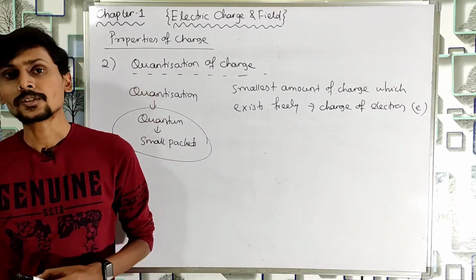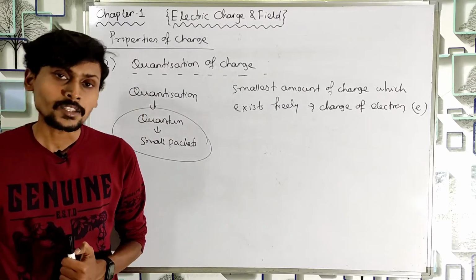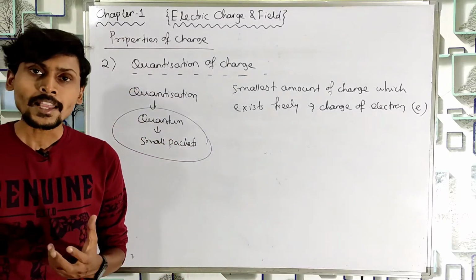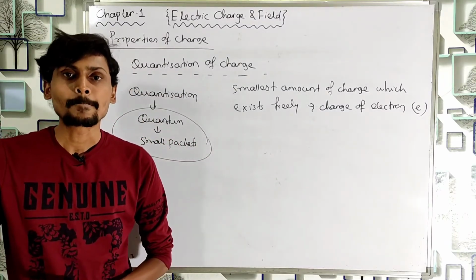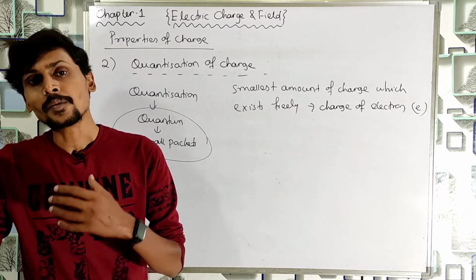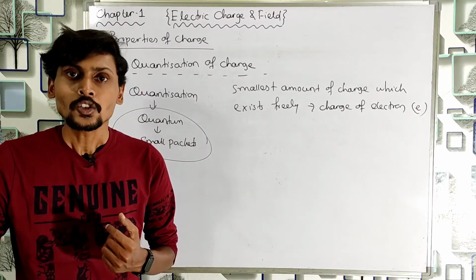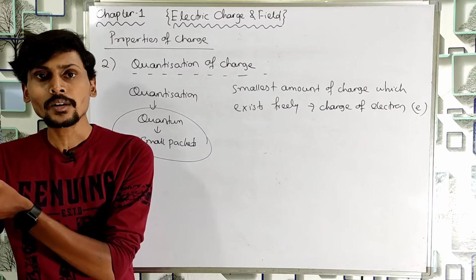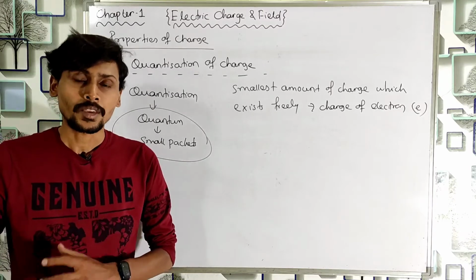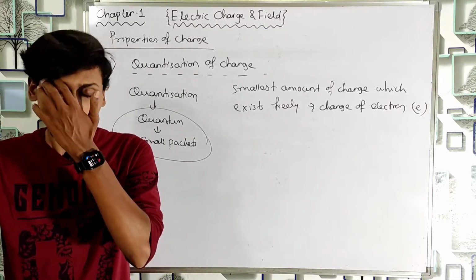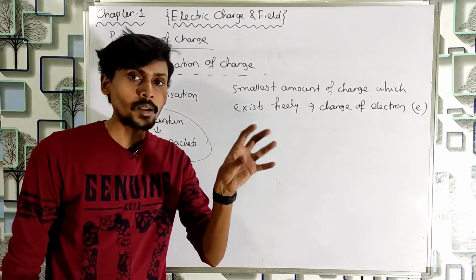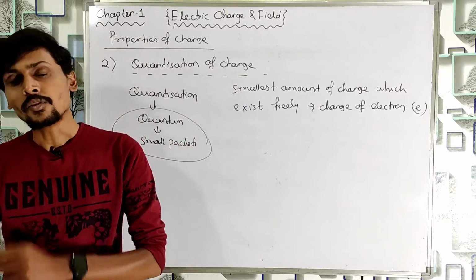If I remove electrons from this pen, or if I supply some extra electrons to the pen, then this pen will become charged. Now you can ask the question, why should we remove electrons? Can we remove protons? If you remove protons from the body, then also you are imbalancing the number of negative and positive charges. Can you do it? The answer is no, because protons are situated at the center of the atom inside the nucleus.